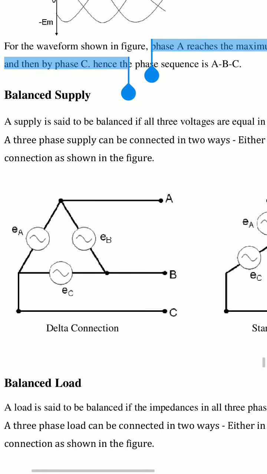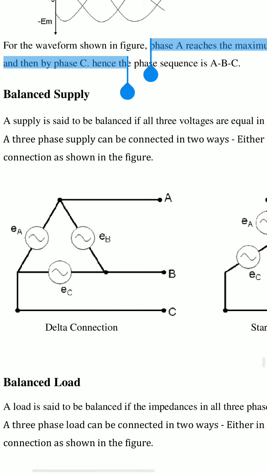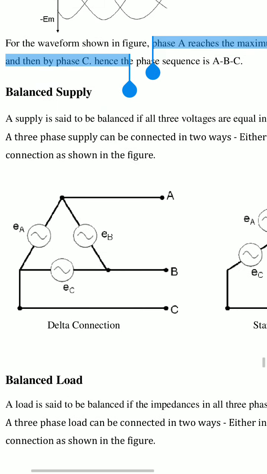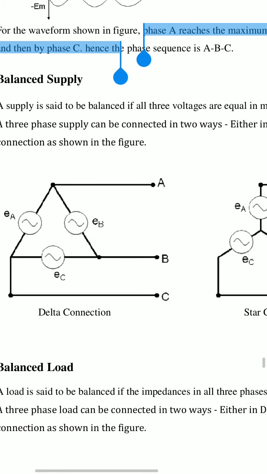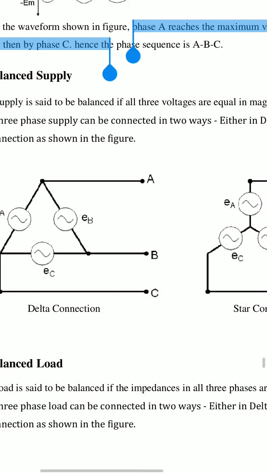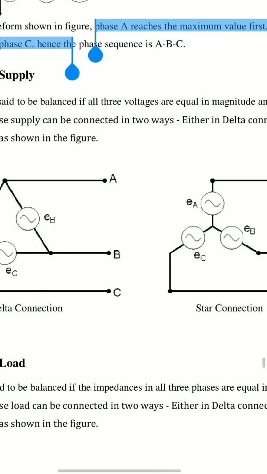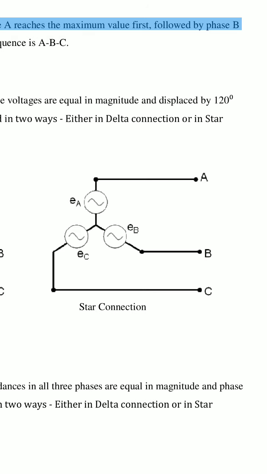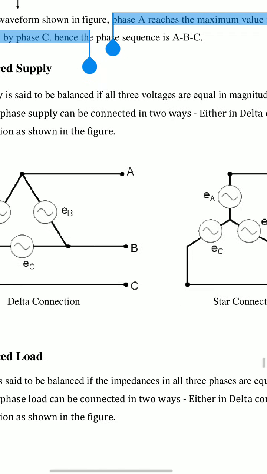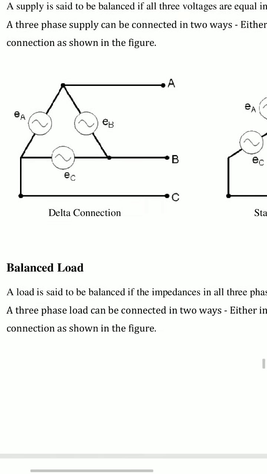A three-phase supply can be connected in two ways, either in delta connection or in star connection.